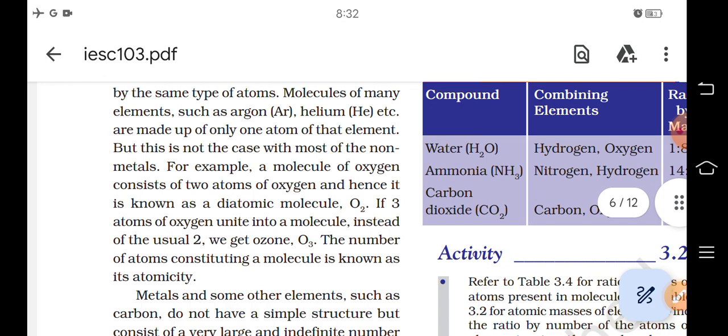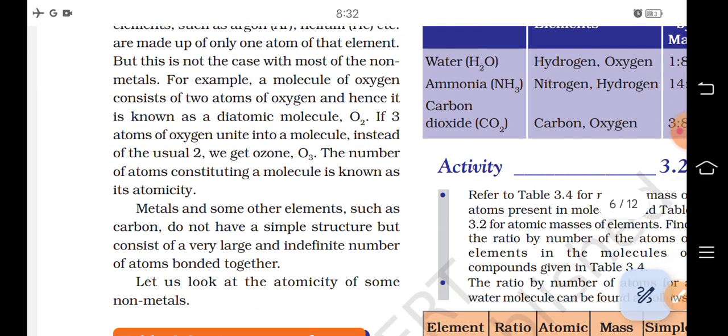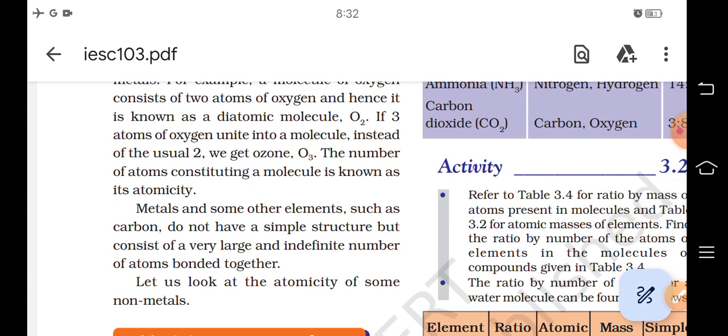For example, a molecule of oxygen consists of two atoms of oxygen and hence it is known as a diatomic molecule, O2. If three atoms of oxygen unite into a molecule instead of the usual two, we get ozone, O3. The number of atoms constituting a molecule is known as atomicity.